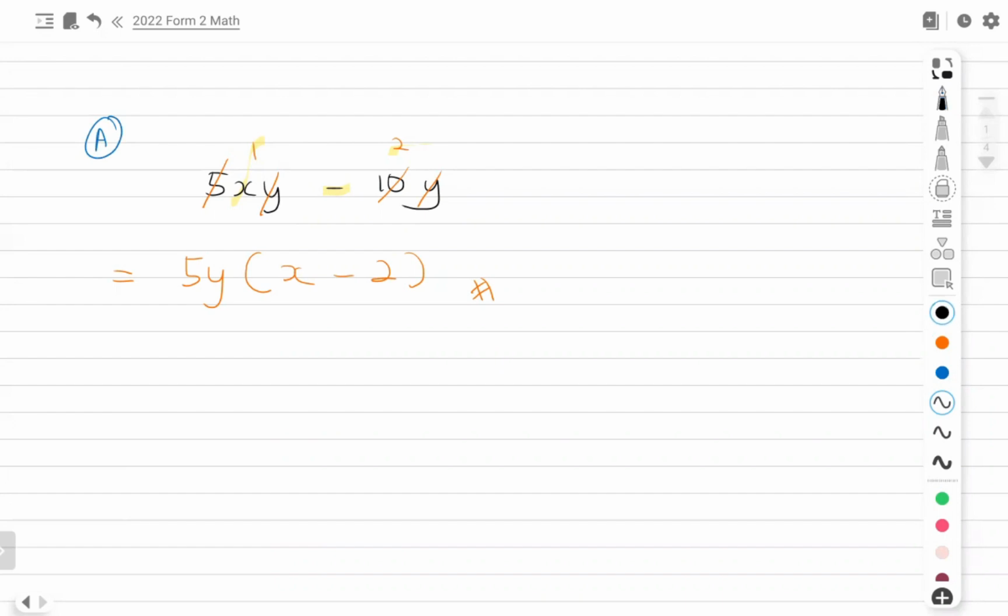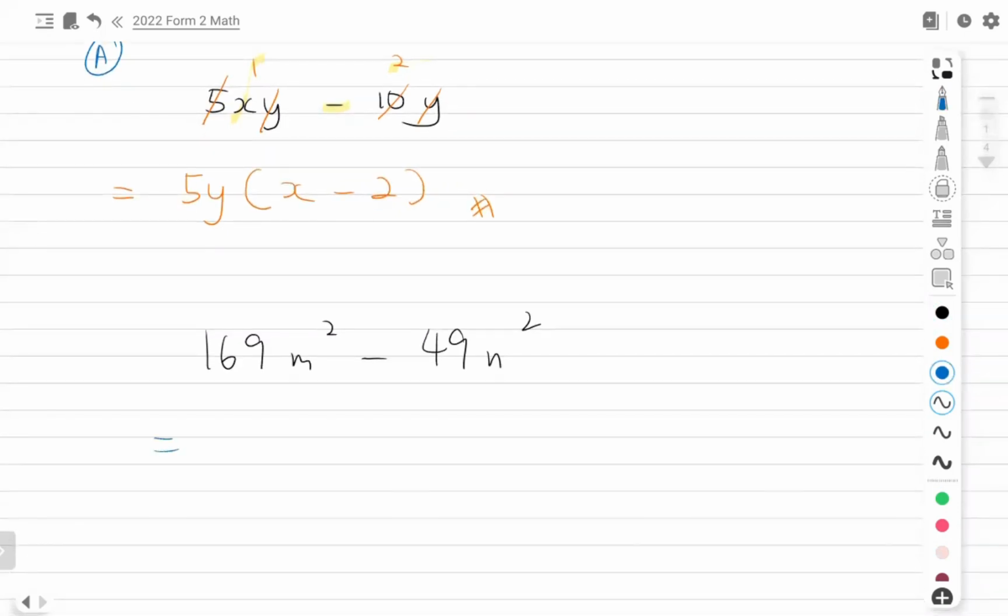Next, you must be very sensitive to perfect squares. When you see 169m squared minus 49n squared, you check: left side got square, right side got square. Then you look at the numbers, 169 and 49 are perfect squares. So we change to 13 squared m squared minus 7 squared n squared. All got square.